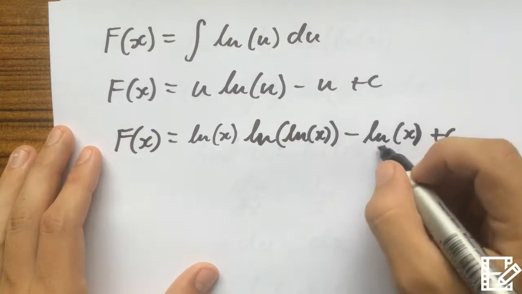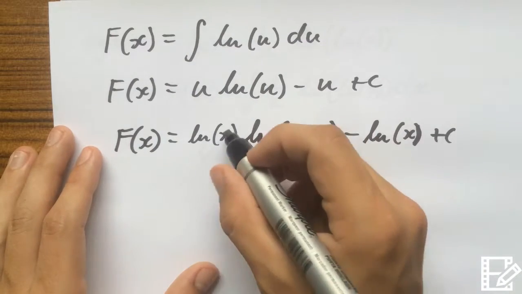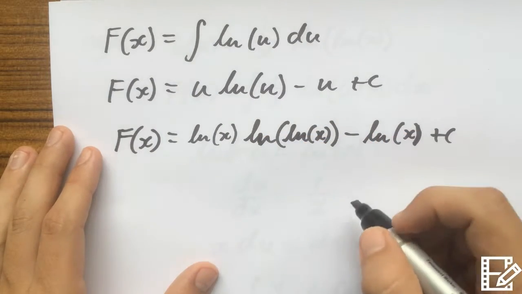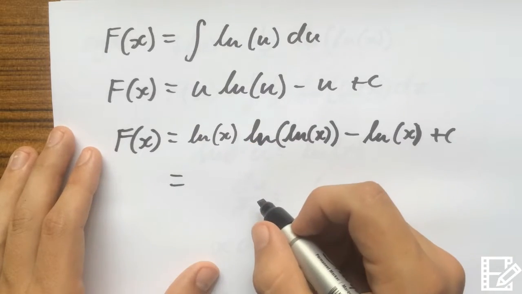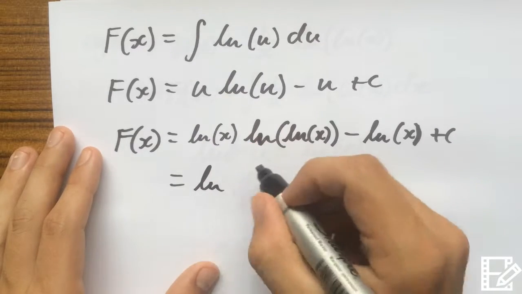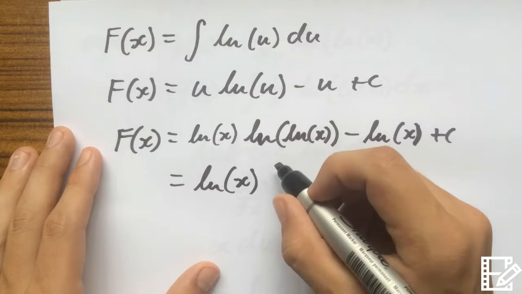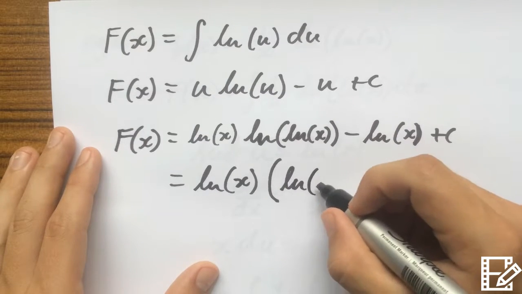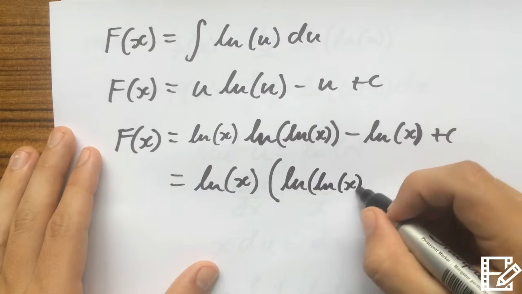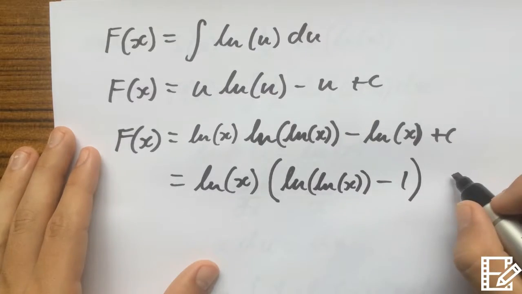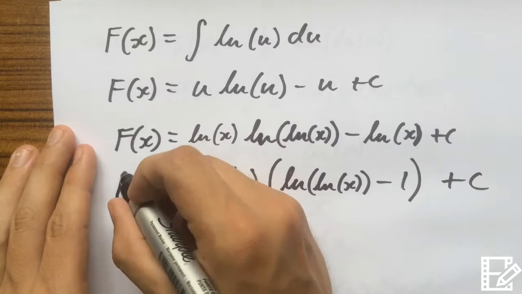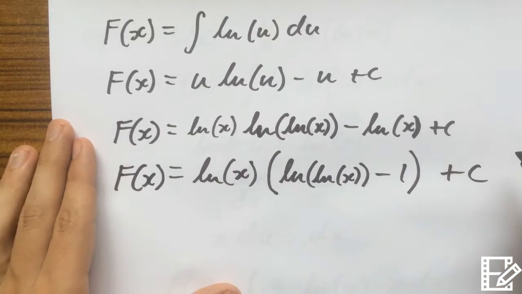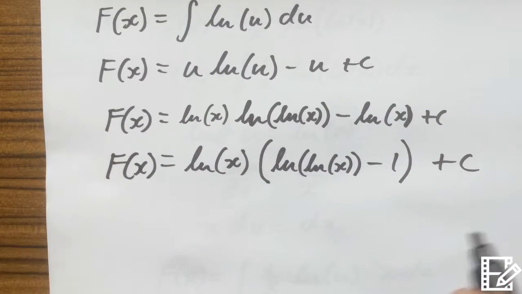Just like before, because we have an ln multiplied by a 1 and an ln multiplied by an ln of x, then we can factor the ln of x out. And there's a lot of ln of x's going on here, but that's why we're going to simplify it, or attempt to. And that there is the integral of 1 over x multiplied by ln of ln of x.